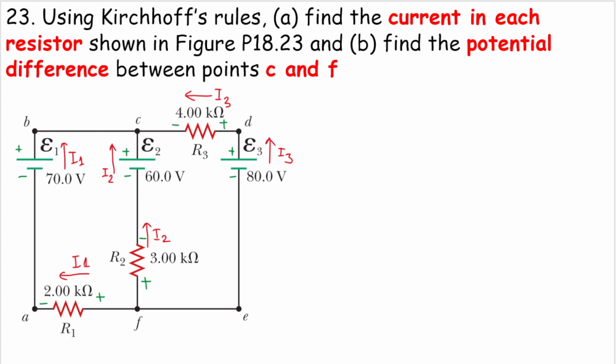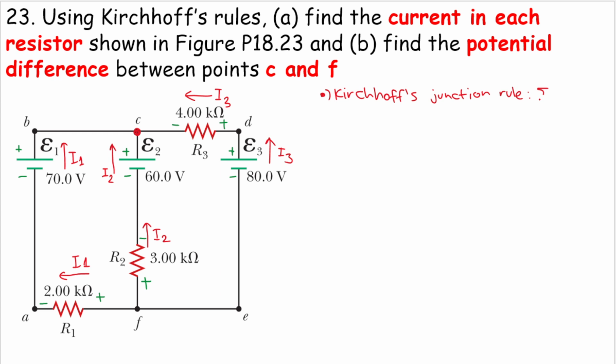And then we need to do the KCL, the Kirchhoff current law, or the junction rule, at this point here. Okay, what does the junction rule say?